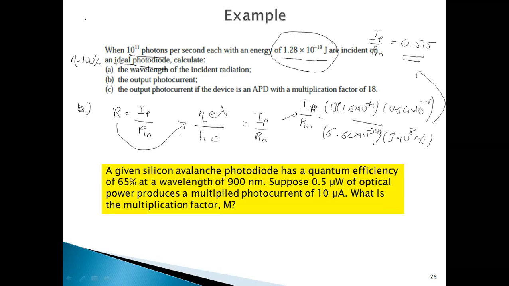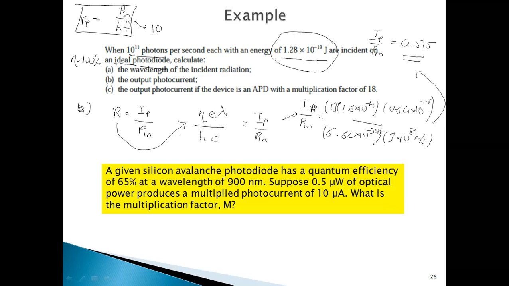The photon rate RP is equal to the input optical power divided by HF. In this case, the photon rate is 10 to the power of 11 photons per second.